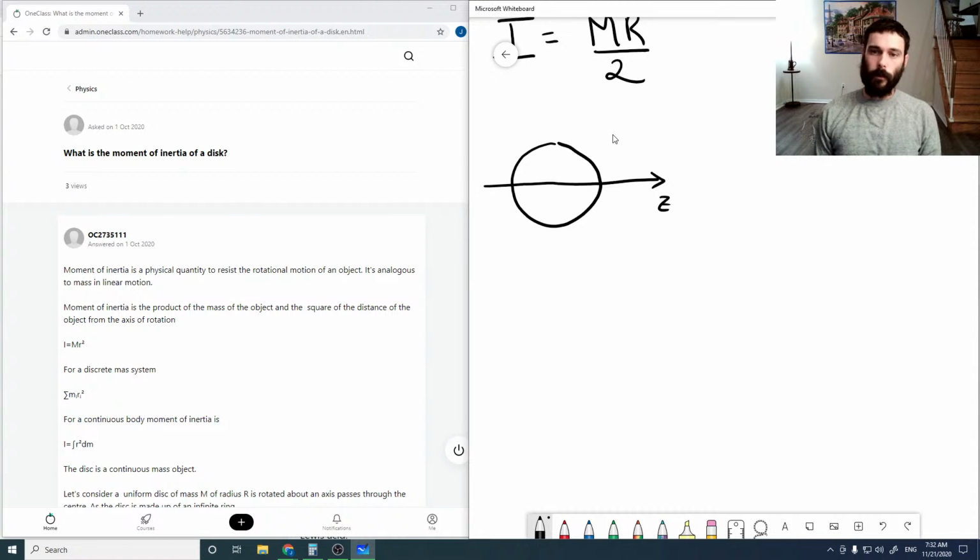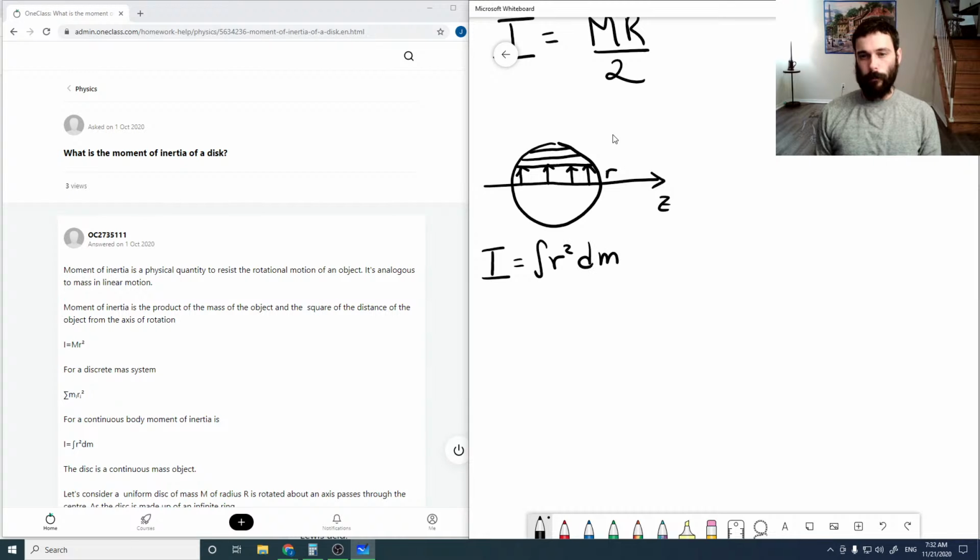So now to do that, we would have to consider elements this way, because the r is always the perpendicular distance, right? So that's our r. And so then the question is, how does this length change with r, right?